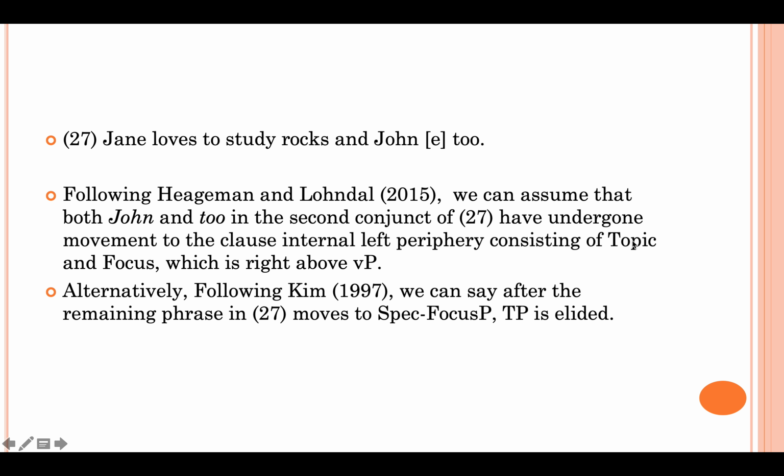And because topic or focus never has phonetic realization, we can say it has phonological features, but it just doesn't have phonetic realization. We can also follow Kim by saying that after the remaining phrase moves to spec focus P, TP is elided, and the phonological feature of focus is never phonetically realized.